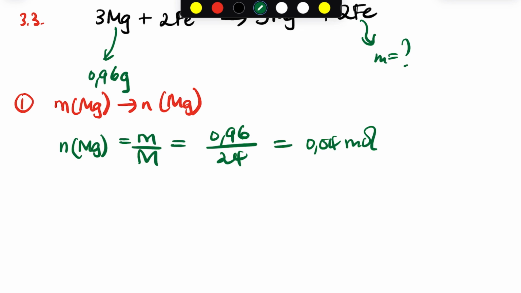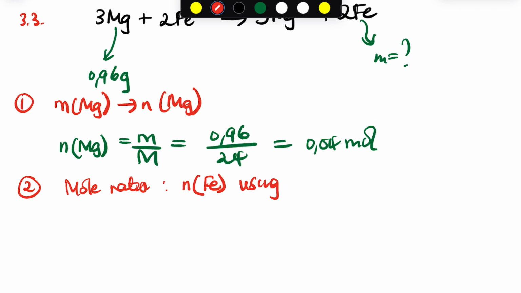When you punch 0.96 divided by 24 in the calculator, it's going to be 0.04 mole. Going to step number 2, now that I have the number of moles, I'm going to use the mole ratio to determine the number of moles of iron using the number of moles of magnesium.